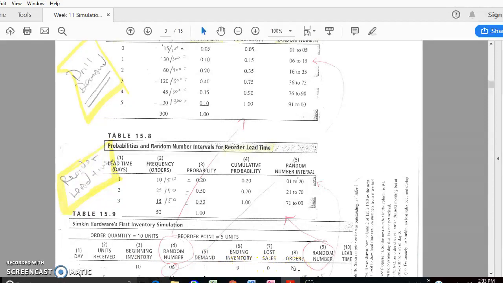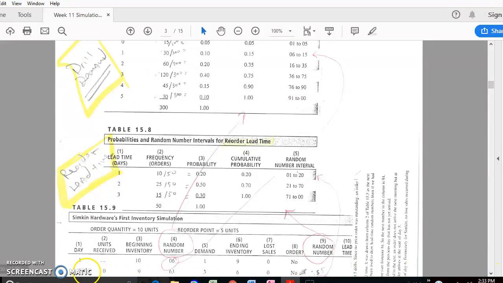Do we reorder? No, because remember our reorder point is 5. Then we go to day 2. 0 received because of lead time and that type of thing. Inventory beginning is 9. We just pull it from the ending inventory. So beginning inventory is 9. We pull a 63.